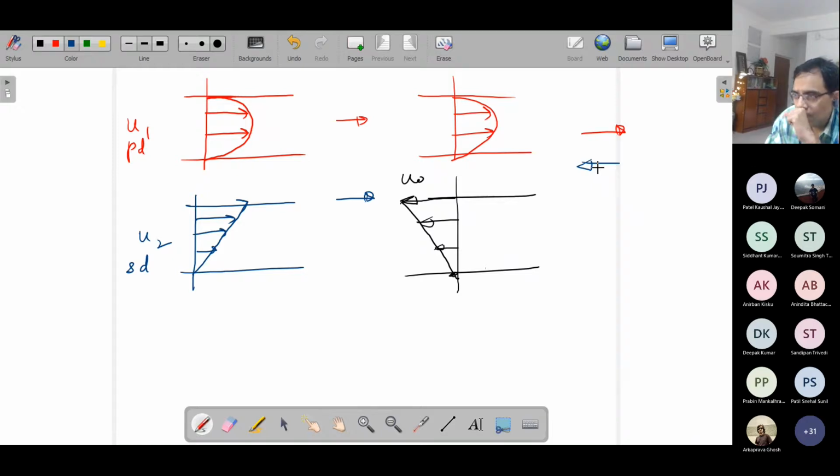So overall, the resultant could be some part of the domain Y where the red wins over the black and some part where the black wins over the red. Accordingly, you could have either a forward flow or a reverse flow, and at some point the resultant of these two can be such that the net flow is zero or the net velocity is zero.